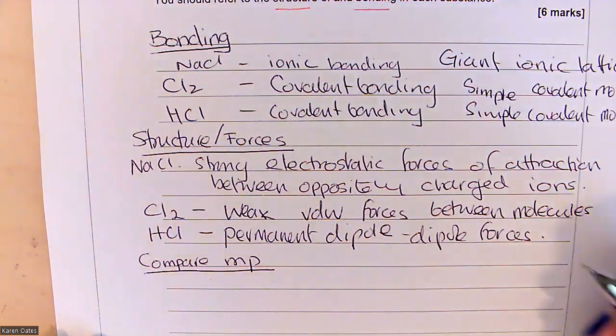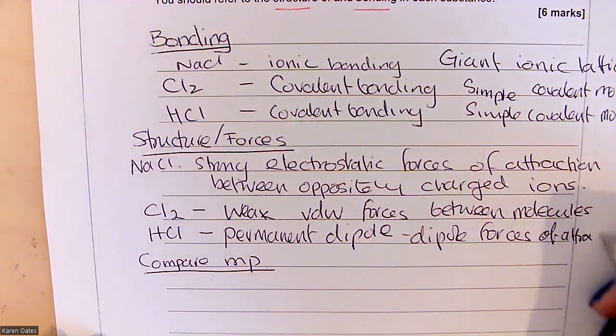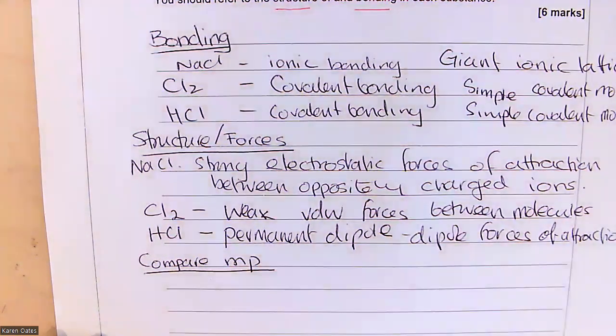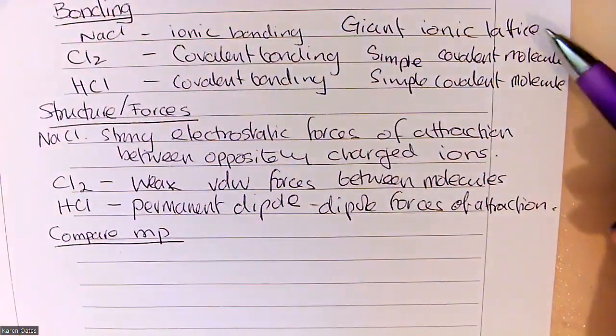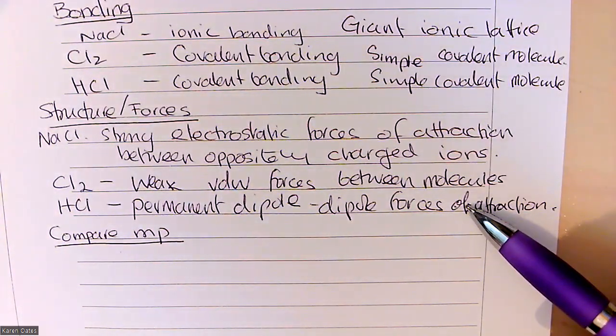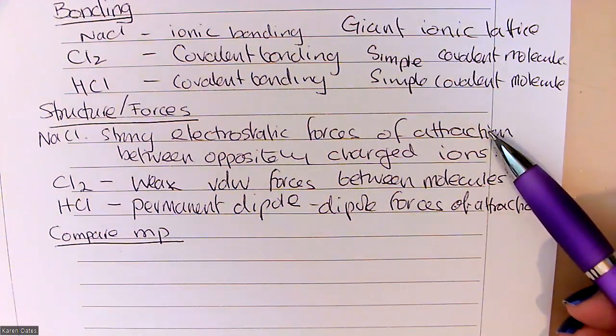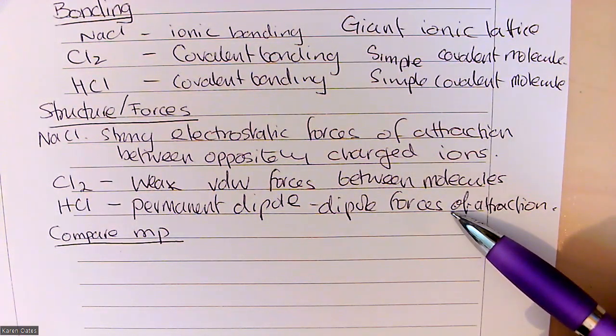So you've got dipole forces of attraction. Okay, so we've explained the bonding and the structure. We've explained how they're held together. So in sodium chloride, it's strong electrostatic forces of attraction. In chlorine, you've got weak van der Waals forces, and with hydrogen chloride, you've got a permanent dipole force of attraction.